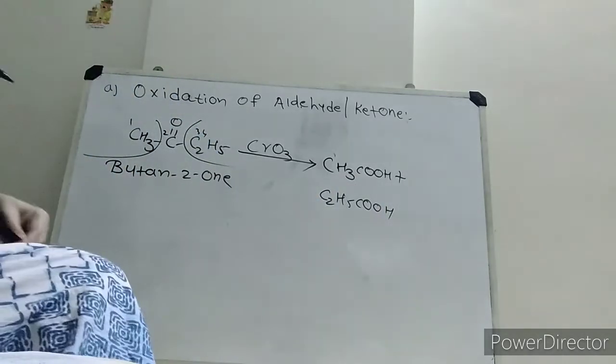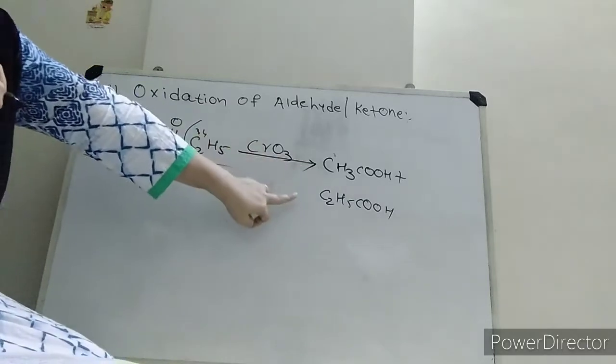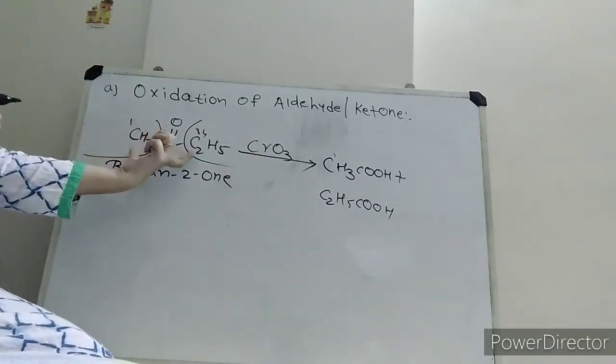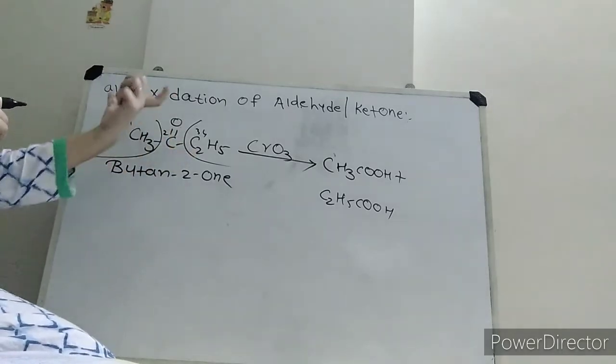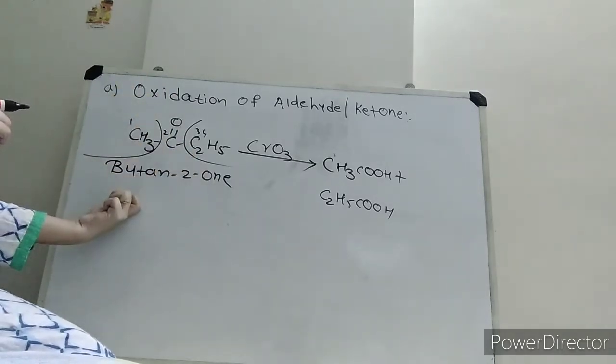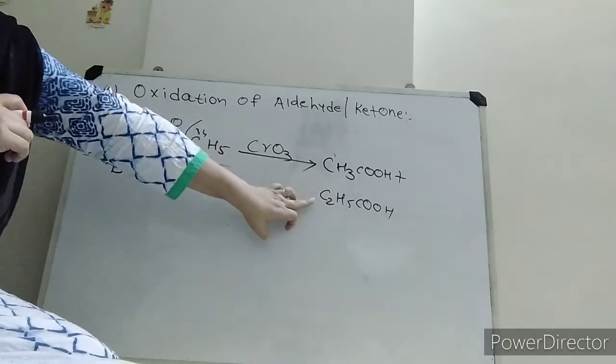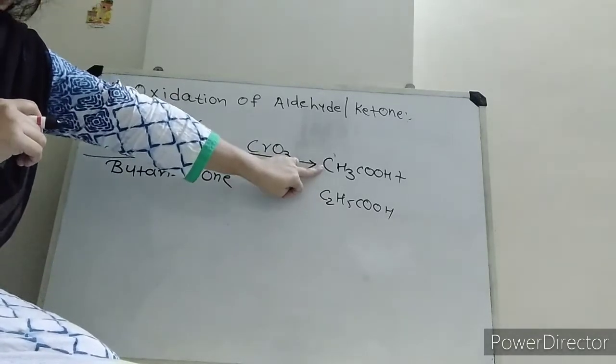So we are getting a mixture of acetic acid and propionic acid. In the oxidation of ethyl methyl ketone, C2H5COOH is nothing but propionic acid. This is acetic acid.